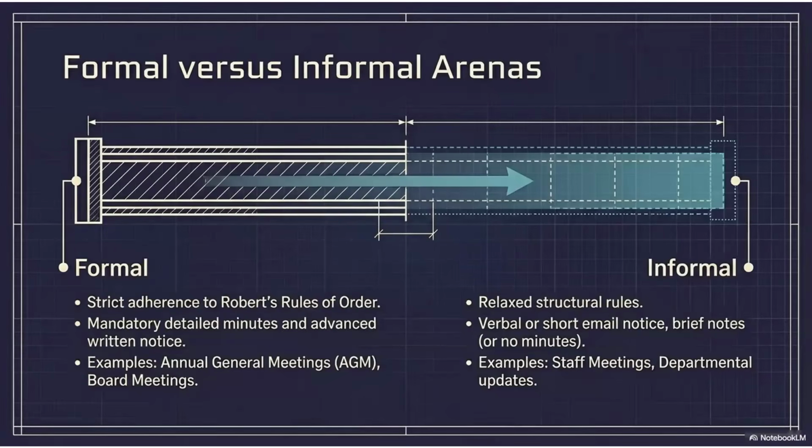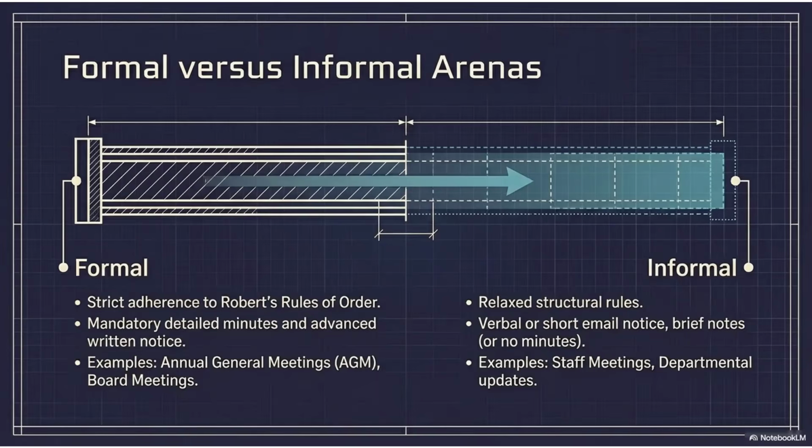Now let's look at formal versus informal meetings. Formal meetings have strict rules that they must follow. The rules that govern how meetings are run are called Robert's Rules of Order, right? Formal meetings must follow that.